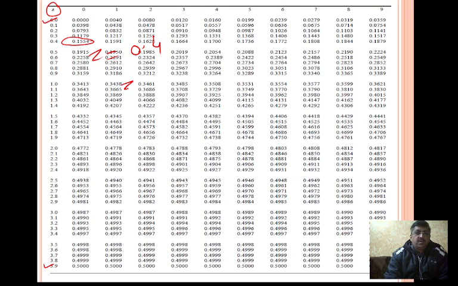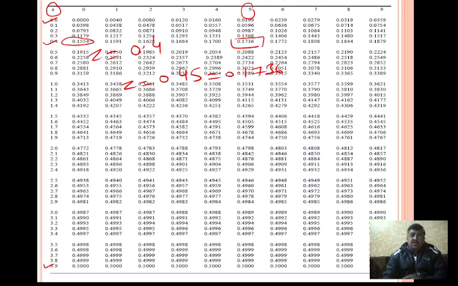But suppose you want to use it for 0.45. So this row will be used, and 5 is the column that will be used. So 0.45 is nothing but this value, that is 0.1736. We'll understand the normal distribution in many pieces and parts, right?